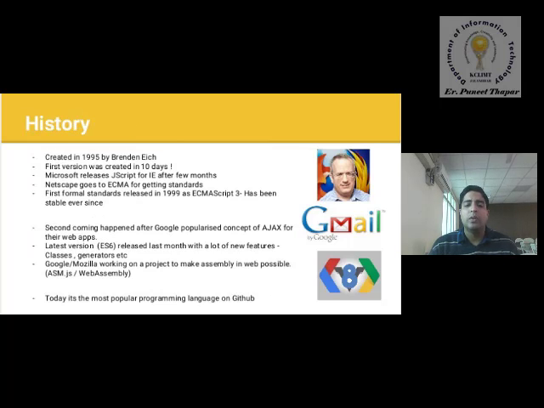This is the history of JavaScript. First, JavaScript was created by Brendan Eich in 1995, and its first version was created within 10 days. Microsoft released JavaScript for Internet Explorer after a few months.